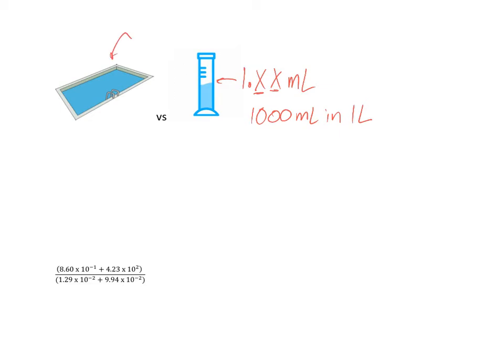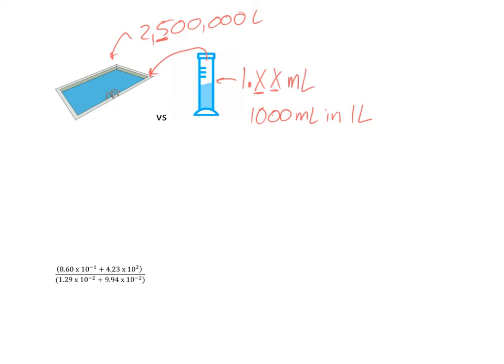Now the swimming pool over here, an Olympic-sized swimming pool, has 2,500,000 liters of water in it. This is the last significant digit. So if I were to add a milliliter of water from the graduated cylinder to the swimming pool, we would see no difference between the starting volume and the ending volume.